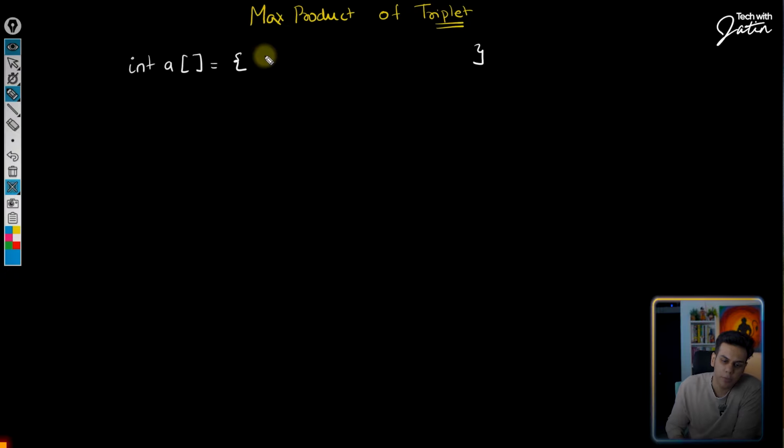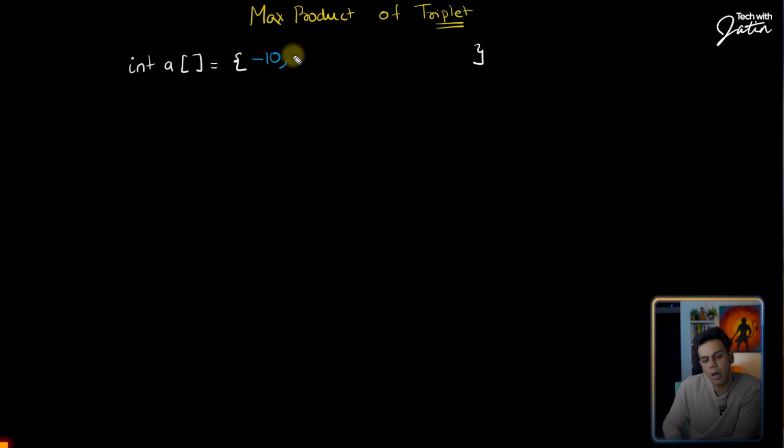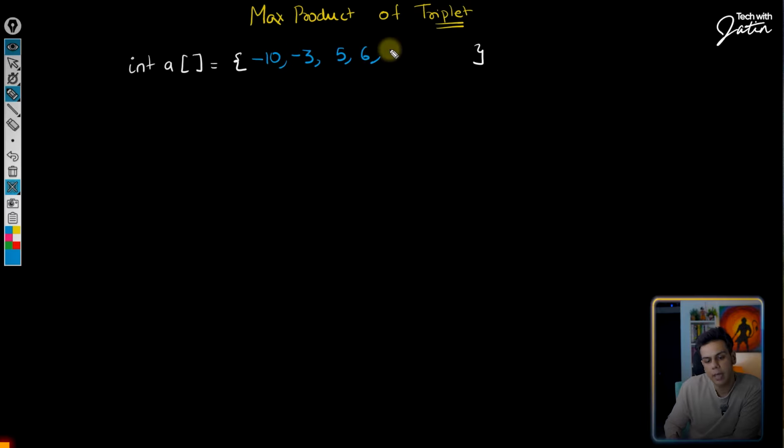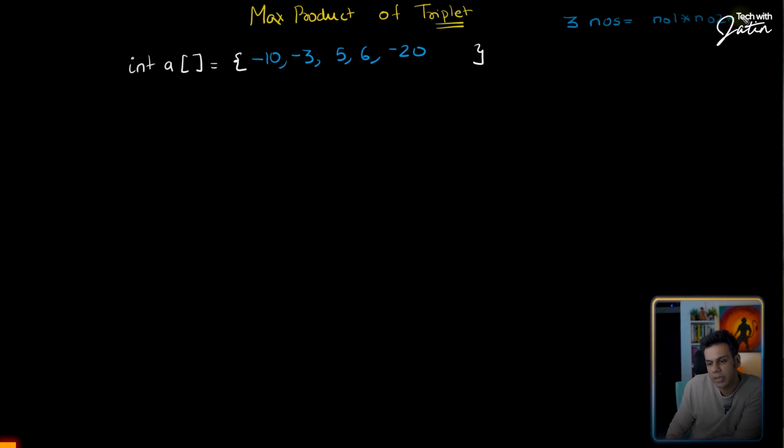Let's say the numbers are minus 10, minus 3, 5, 6, and minus 20. We have to find three numbers which, when multiplied, give the largest product.